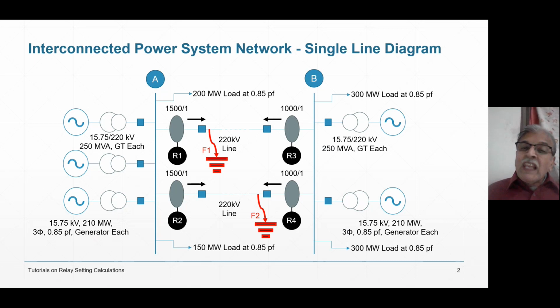If I consider one line contingency, I will have to do 51 calculations. That means all lines are working. Line number 1 is not working, then power flow analysis is different. Line number 2 is not working, power flow analysis is different. Line number 3, so 50 such possibilities, and all lines working means 51.